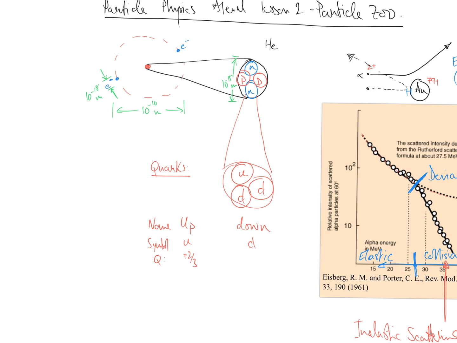The down has a -1/3 charge. This is all looking a bit complicated, but bear with us. And because there are 3 of them, the associated mass is going to be relatively 1/3 of a nucleon. This is an up and a down. You will have associated antiparticles of all of these as well, but for the meantime, there is your up and there is your down.